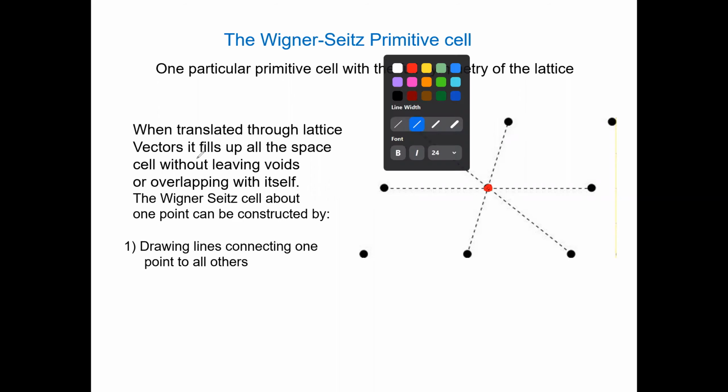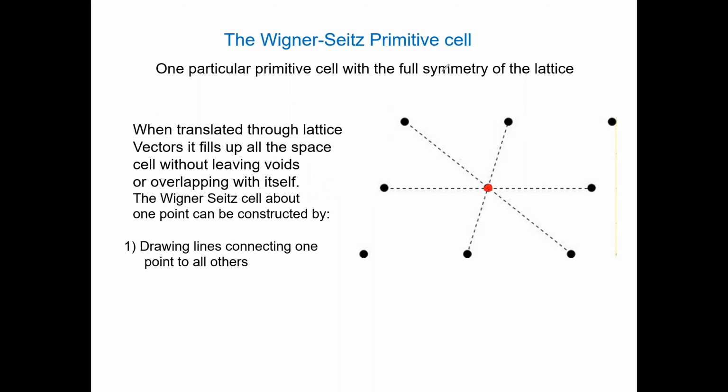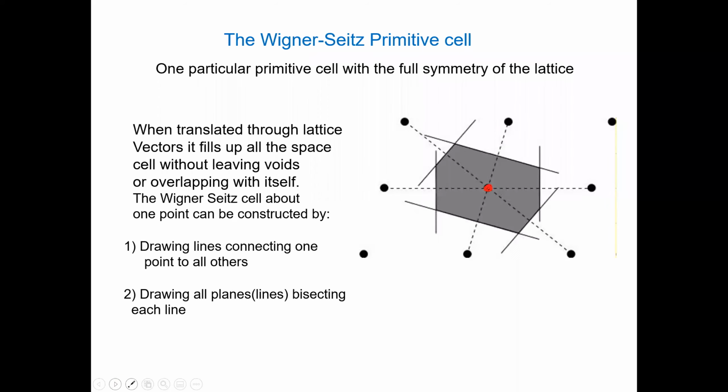And then we do this. We draw another line, right? Bisecting the dotted line that we just drew.